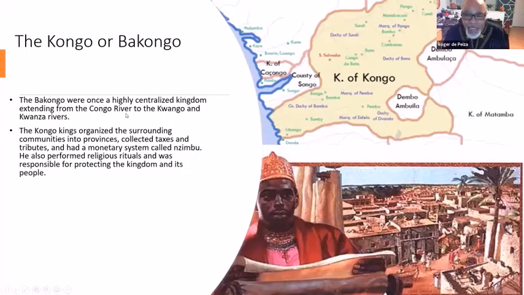It was a highly centralized kingdom, and the king organized communities into provinces. He collected taxes and tributes, and he even had a monetary system. He performed religious rites as well as being responsible for protecting his kingdom.